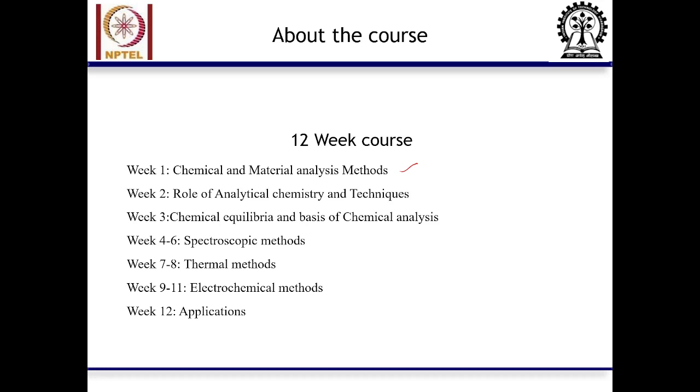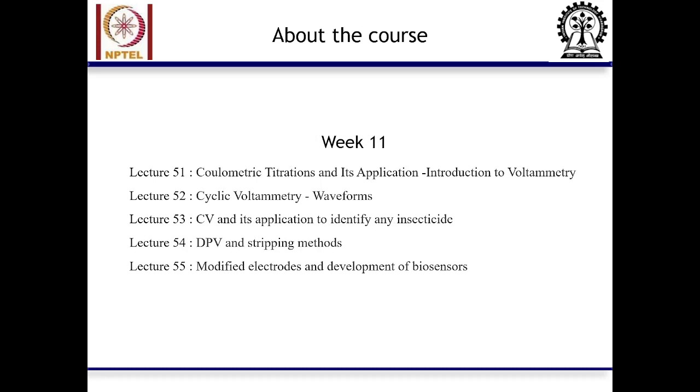And in week 9 to week 11, basically we are going to see the different kinds of electrochemical methods. And in the last week we will see their application in sensors or bioelectrochemistry. So now let me start with whatever you have learned from week 11.